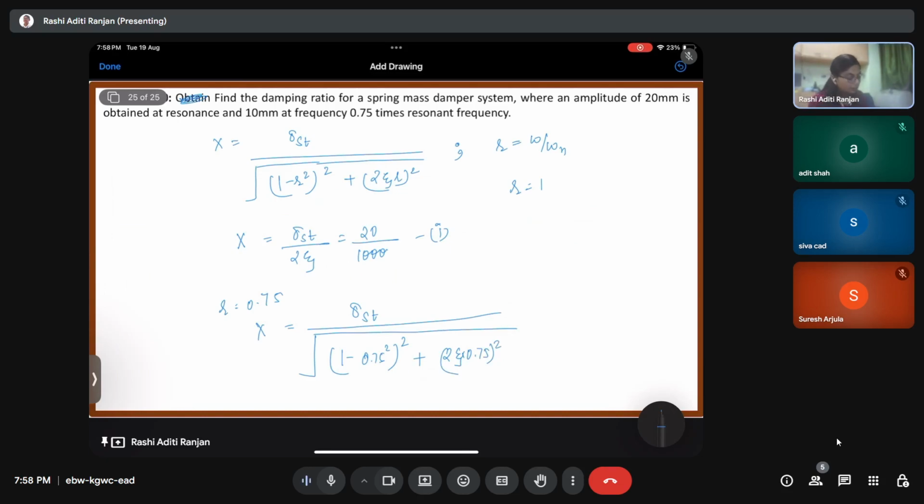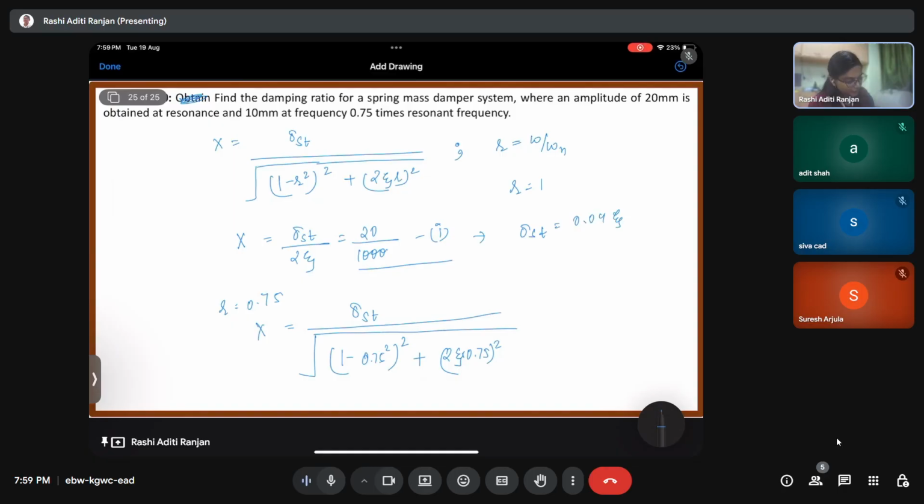Now, if you look over here, what we can do is find the value of delta st in terms of eta, which will come out as 0.04 eta. Okay, we can write delta st as 0.04 eta.